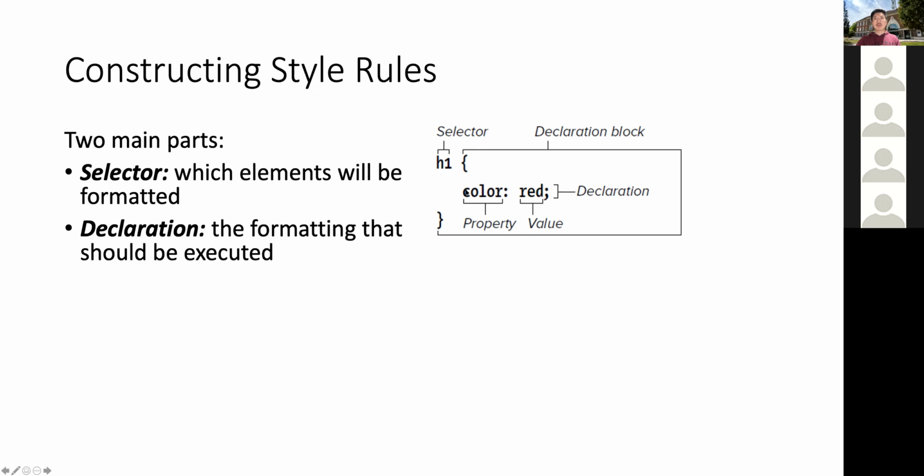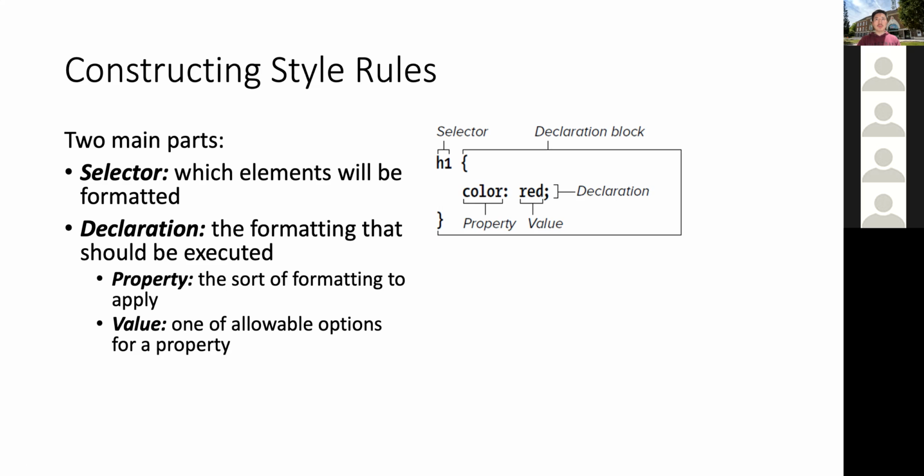And the second part, which is in between the curly brackets, is the actual rules, which tells what change to make. In this case, it says, I want to make the color red. Then it will make the H1 heading red.